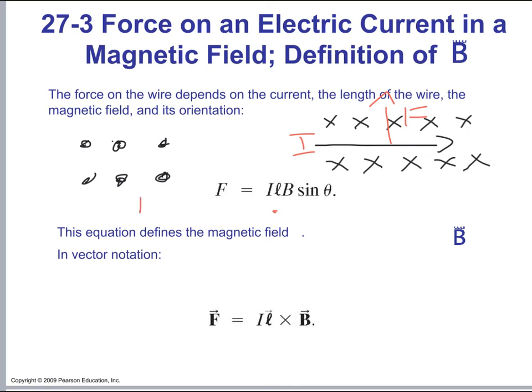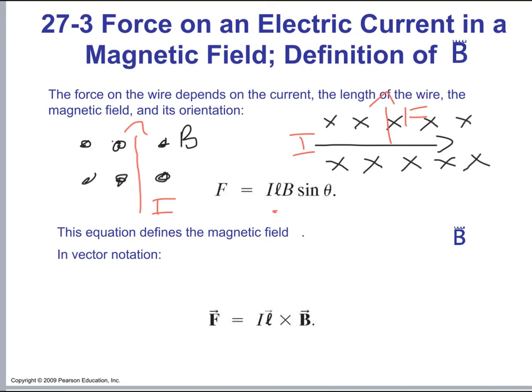Imagine that I have a current going up like this, and my magnetic field strength is coming out of the page. So if I lined my fingers up with the current and I had my hand palm down towards the page, if I rotated my fingers downward, that would be the wrong direction.